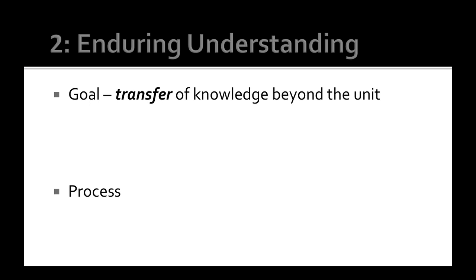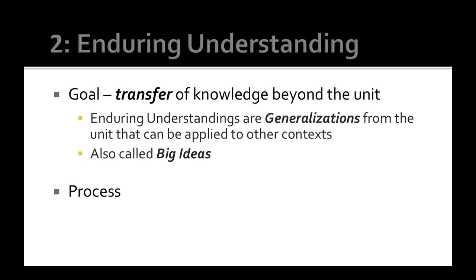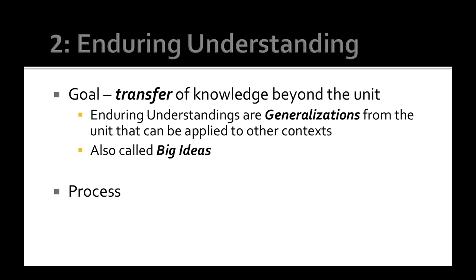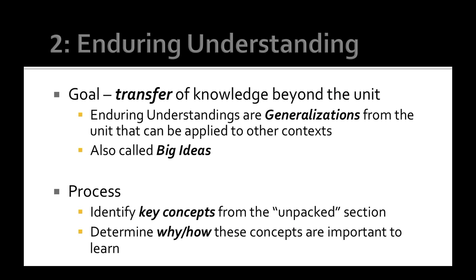An enduring understanding typically is a generalization about the unit. A lot of times in literature, you may have also heard it called a big idea. The exact same thing. Here's how you do it. Look in your concepts and skills section and identify the big concepts in this unit. They're right there because you unpacked it before. Then say, why or how is it important for students to learn these concepts?